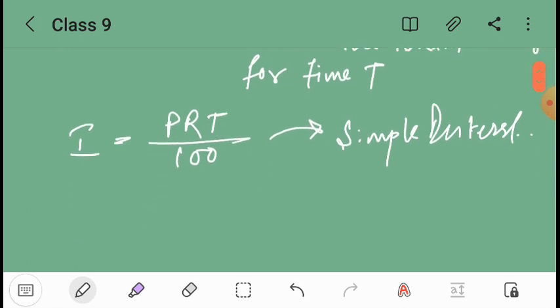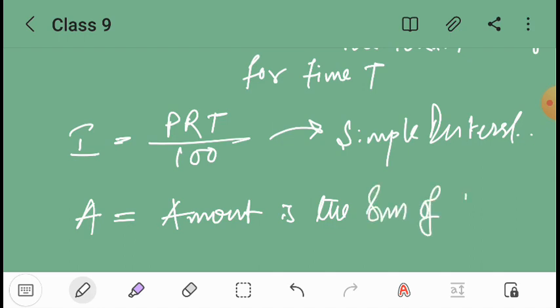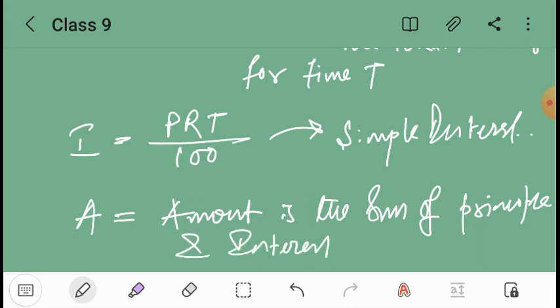Now A denotes the amount. Amount is the sum of principal and interest. This is called amount. Now in compound interest, the interest is always counted over the amount.